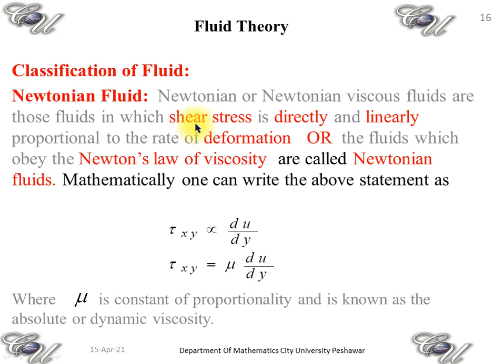One is called normal stress, and the other is called shear stress, or tangential stress. We also call this tangential because these stresses are tangential to the surface, parallel to the surface.